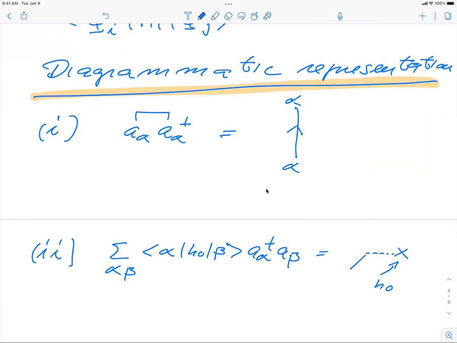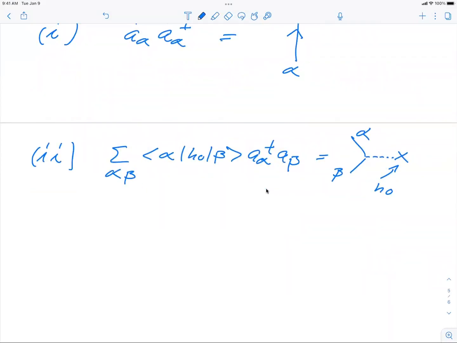Then I have a state here, which I label as alpha, beta, and this state as alpha. I'm going to give you the rules which we're going to use in order to deduce the analytical expressions from a diagram. When you don't see any arrows on it, it means that no contractions have been made.